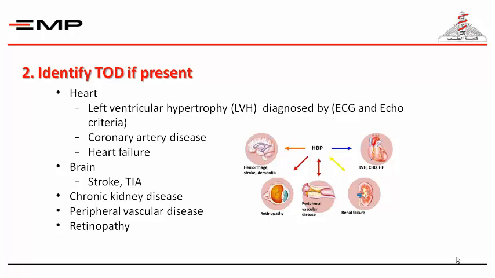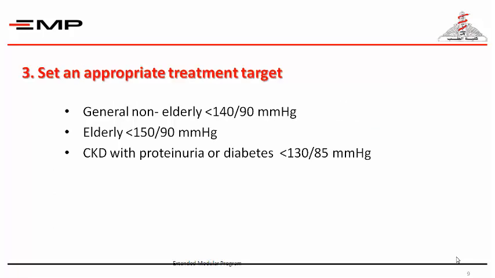If the brain is damaged, we will ask about stroke, transient ischemic attacks. We also look for chronic kidney disease, peripheral vascular disease, or any degree of hypertensive retinopathy. So these are the organs we are looking for to exclude target organ damage.